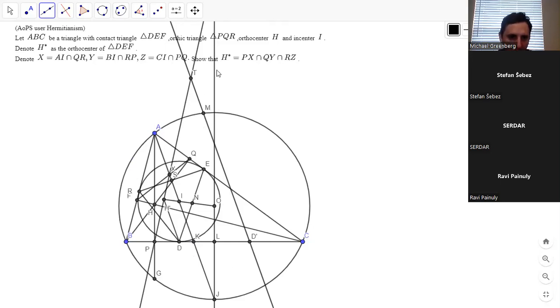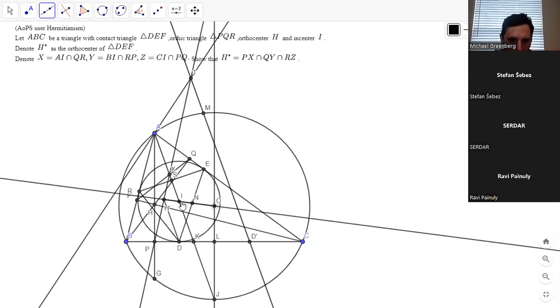What if instead of this line, we... yeah, we need to find something special about point T, and I'm not sure if I see it right now.